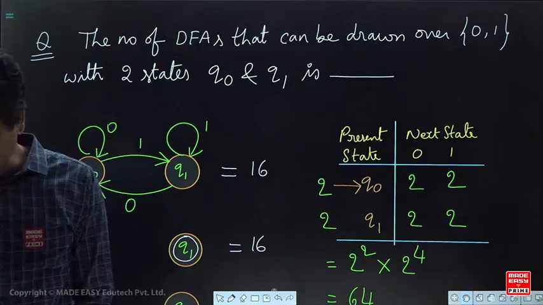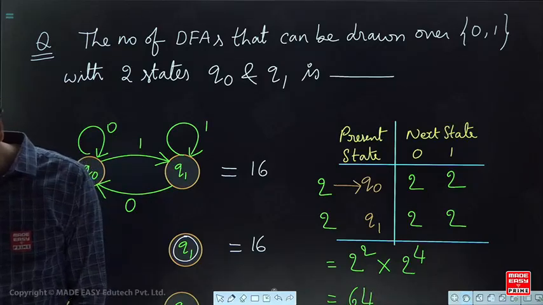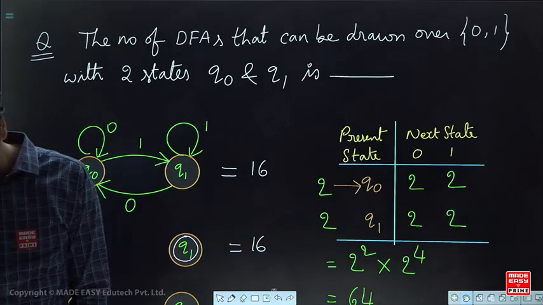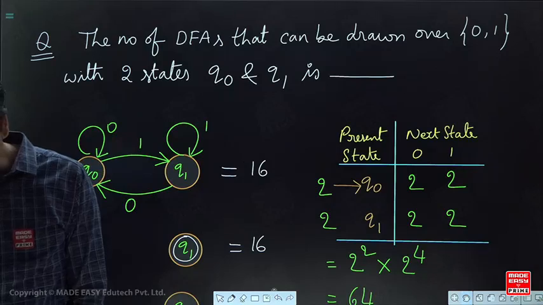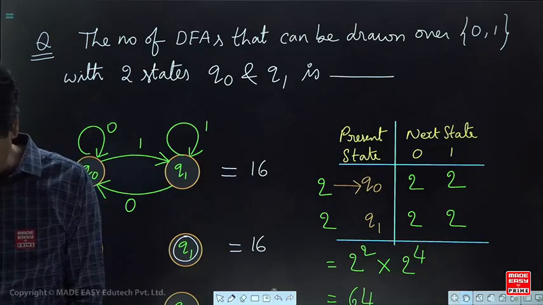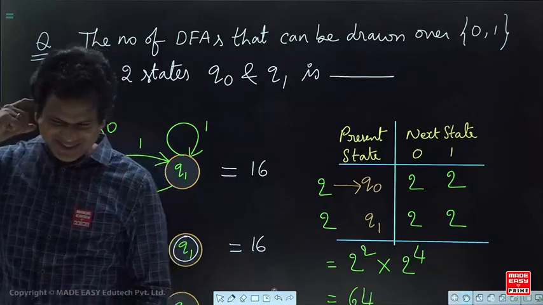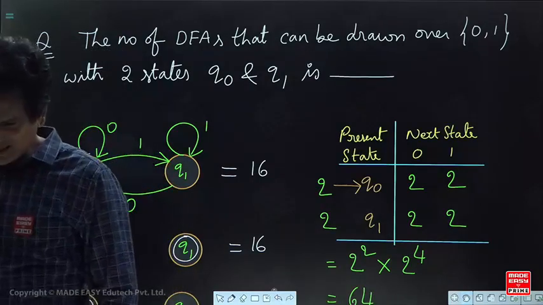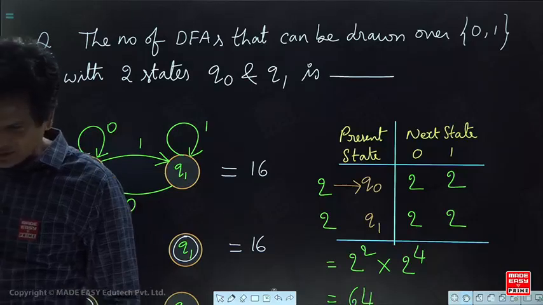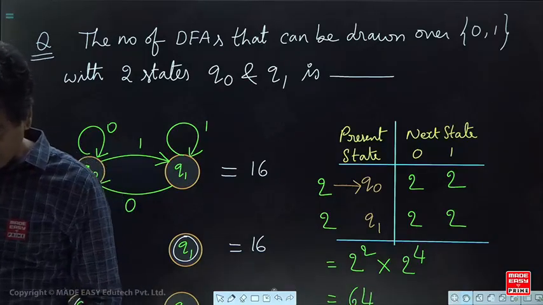Aftab Ansari, 256, wrong answer, boss. Saurya Bhatnagar, wrong answer.